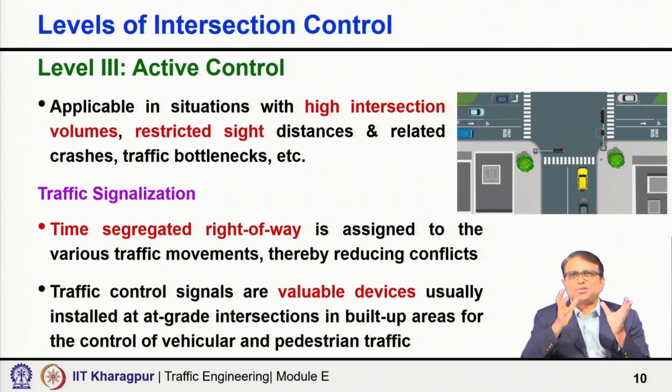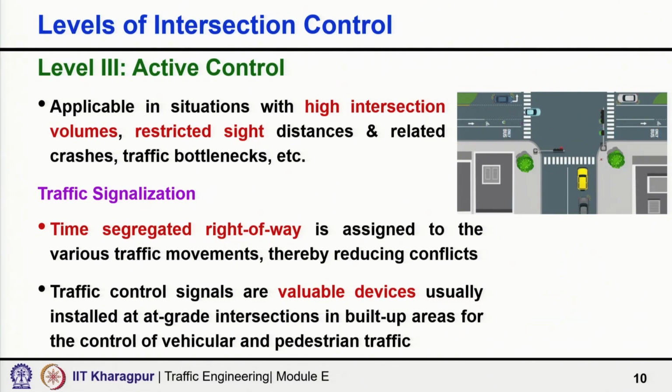All this will tell you that you need to improve the intersection control further, go to the next level. When we go to the next level, first it is traffic signalization and then grade separation.